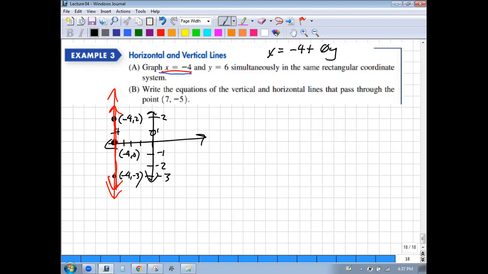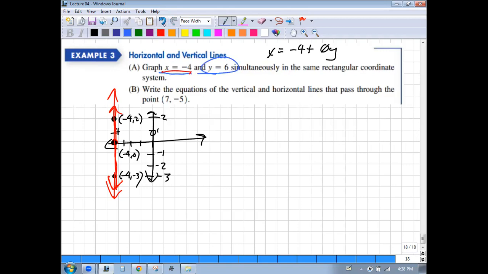If there's 0y, you don't even write it, right? So treat it like there is a second variable, but it's just not being mentioned, meaning y can be anything you want. If you have 0 y's, you can let 0y be any number you want, but x has to be -4. So this vertical line here is x equals -4.